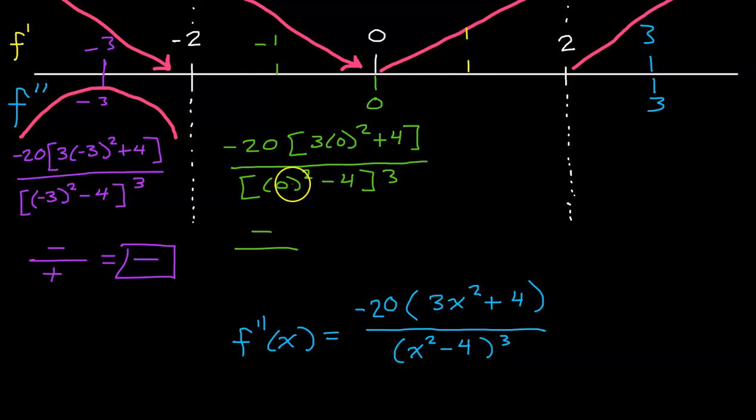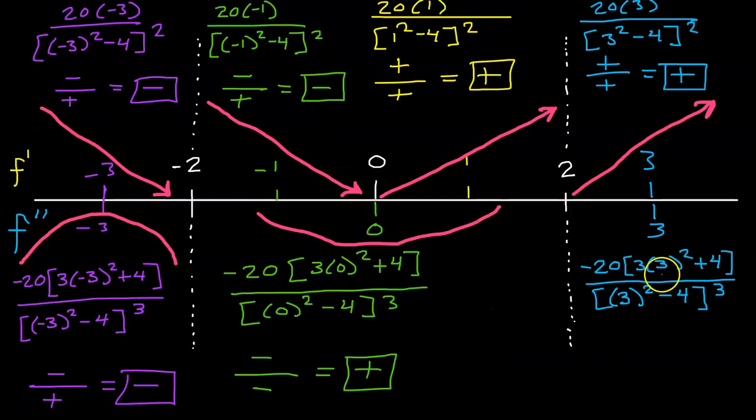The 0 part, that's gone. So now we just have -4 to the third power, which is going to be a negative number. Negative divided by a negative is a positive. So the overall result is positive. That tells us that we're looking at a concave up part of the function in this interval.